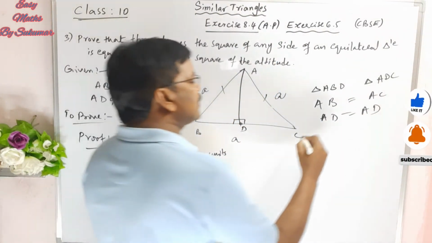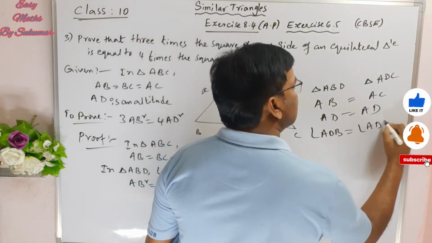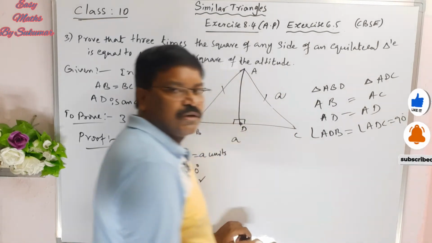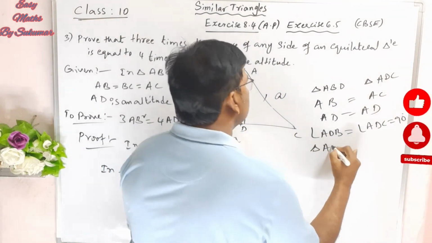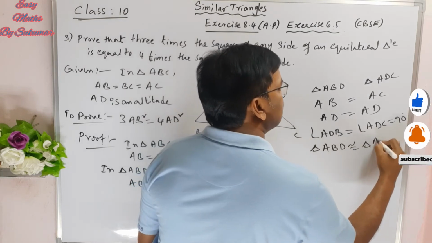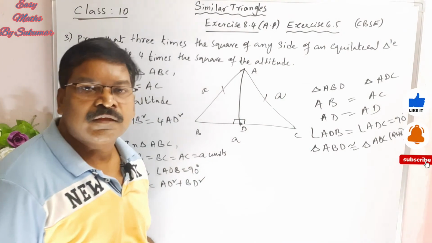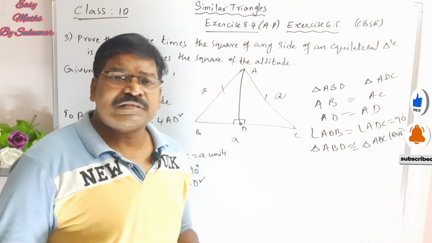And angle ADB is equal to angle ADC, which is equal to 90 degrees. Therefore, triangle ABD is congruent to triangle ADC according to the RHS congruency rule: right angle, hypotenuse and side.